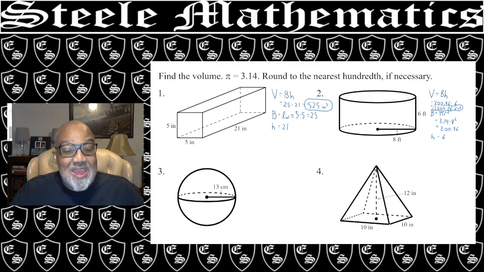All right, next we have a sphere. So we use the formula volume equals 4/3 pi times the radius cubed. So therefore this is 4/3 times 3.14 times 13 cubed. And we're going to do this in our calculator.